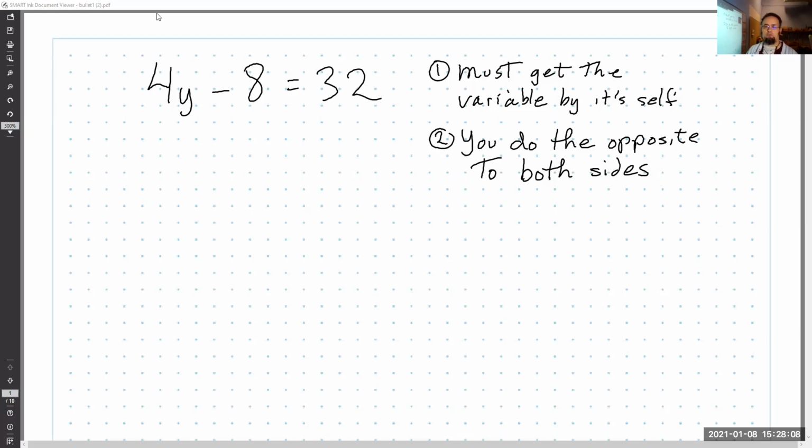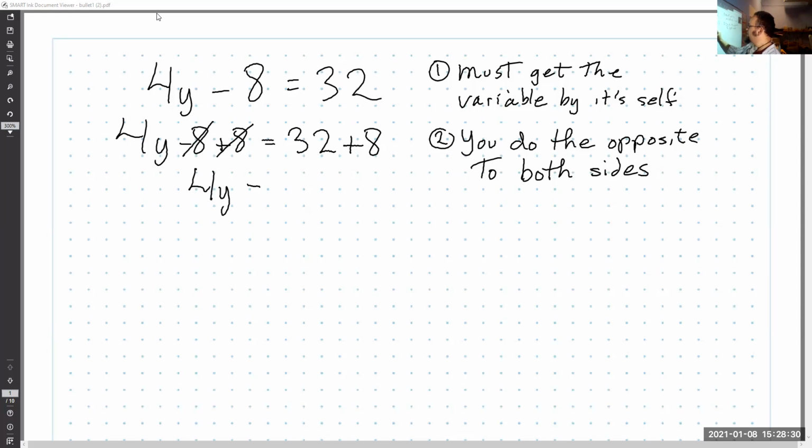Plus 8. So I'm going to do 4y minus 8 plus 8 is equal to 32 plus 8. Remember, key, always do the same thing to both sides of the equation. The minus 8 and the plus 8 cancel each other out, and that leaves us with 4y equals 32 plus 8, which is 40.